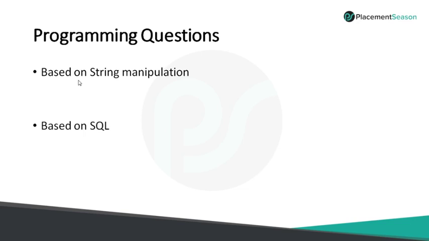The last part of the programming section is a question based on SQL. They will give you one, two, or three tables and ask you to write a select query. You have to join the required tables. They will give all the table schemas, so understand the schema, then write the select query, which should pass the test cases.